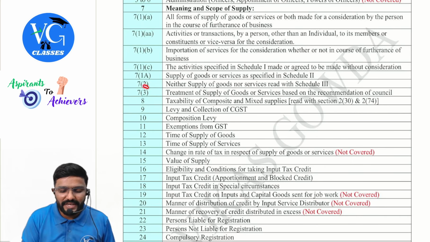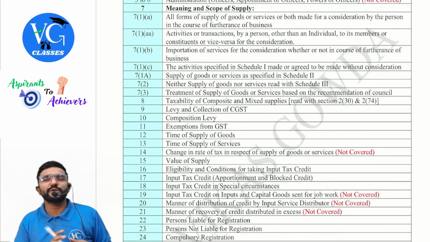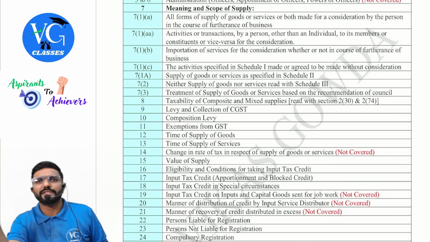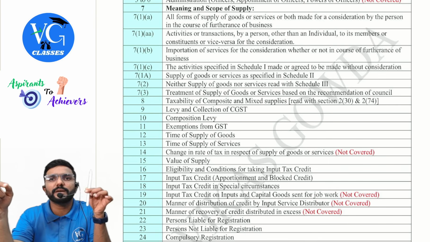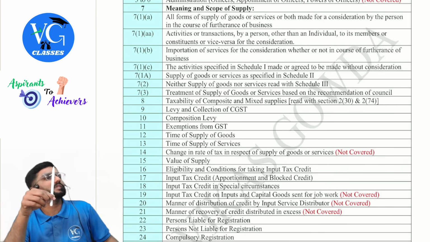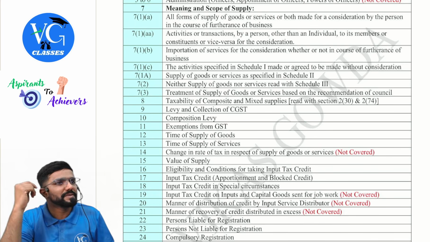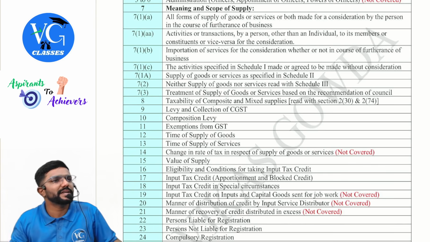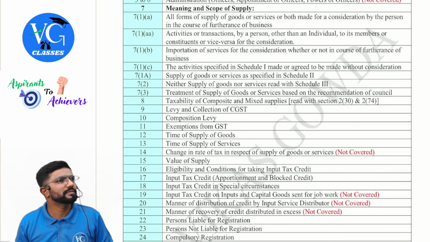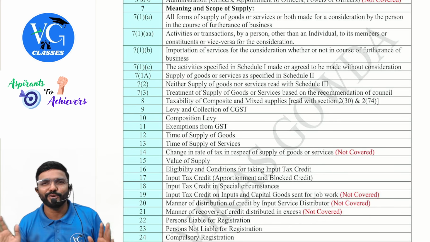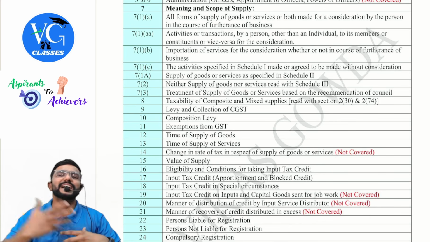And 7(3) is where the government has the power to tell whether something is a supply of goods or a supply of services. Assume I am supplying a pen. Government comes forward and tells, hey, it is not a supply of goods, it is a supply of service. Or I am providing professional services, I know it is a supply of service, and the government comes and tells me it is a supply of goods. Then what should I do? Will they come and do it like that? No. That is only when the public has confusion.